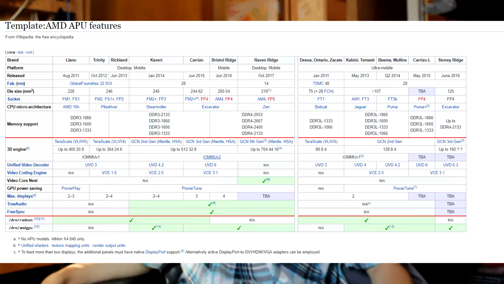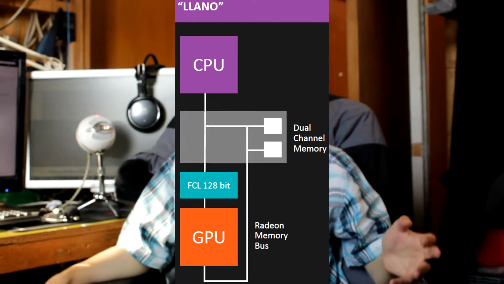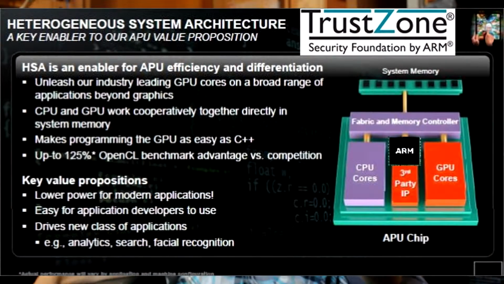It supported PowerPlay, which was a low performance mode and a high performance mode on the GPUs, similar to switchable graphics back in the day, and obviously it didn't support True Audio or FreeSync. It did, however, support some type of HSA. I thought that came out quite a bit later on.